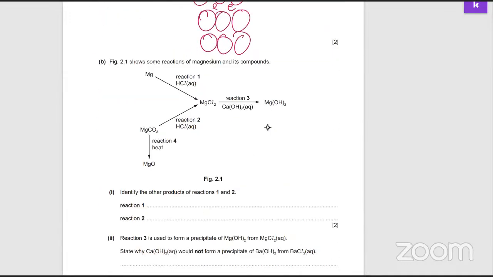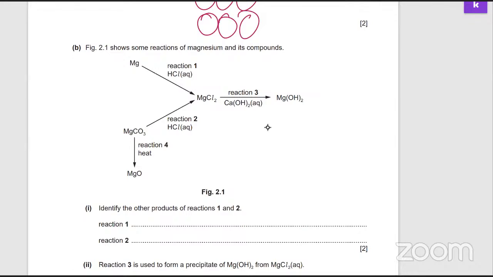Identify the other products of reaction number 1 and 2. What is reaction number 1? Easy. Mg plus HCl. What's the equation? Sir, MgCl2 plus HCl. No. H2 gas. Metal plus acid produces H2 gas.